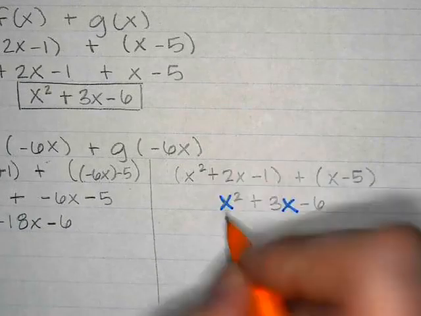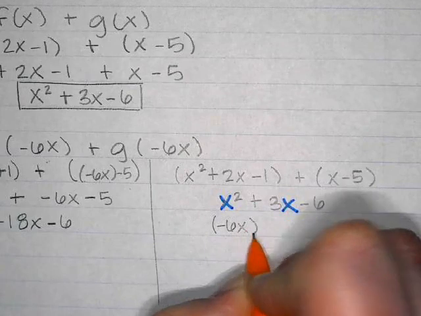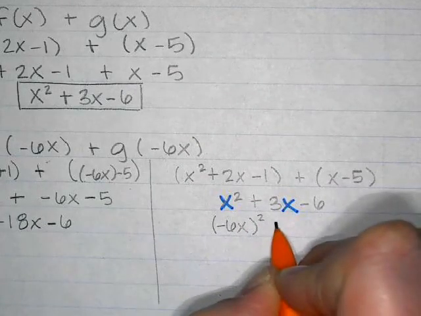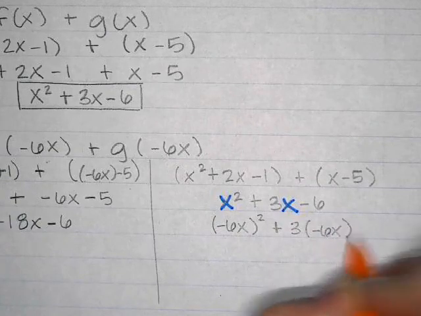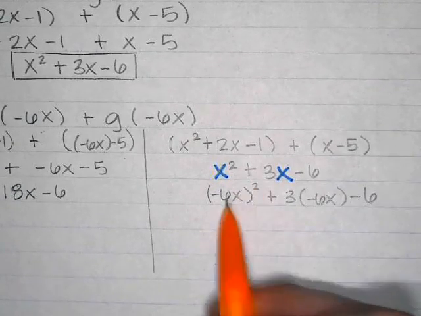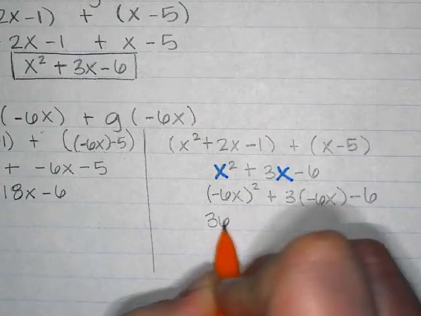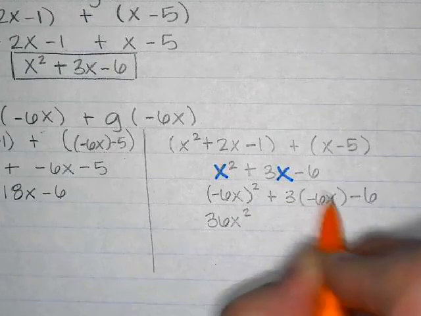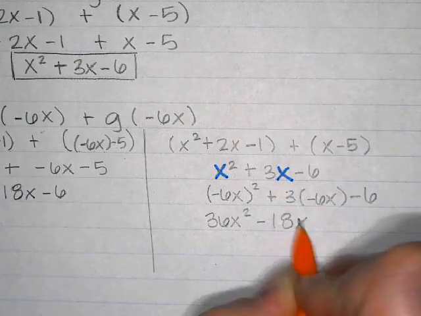So I would have negative 6x squared plus 3 times negative 6x minus 6. And so what does this part give me? 36x squared. What does this give me? Negative 18x and then minus 6.